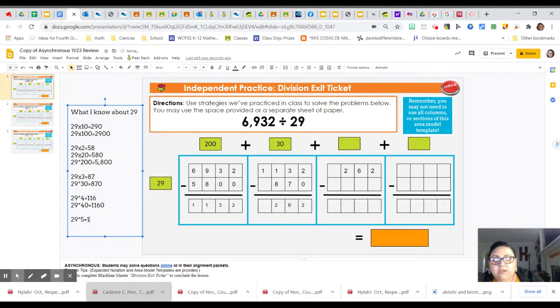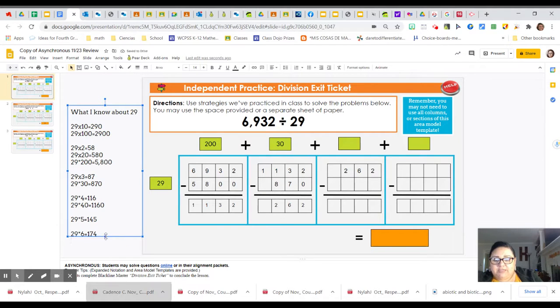So that will equal 145. As you can see, you're getting closer to 262. So maybe we should try 29 times 6. So we know that 20 times 6 is 120, and 9 times 6 equals 54. So we have 174. So we're getting even closer there.